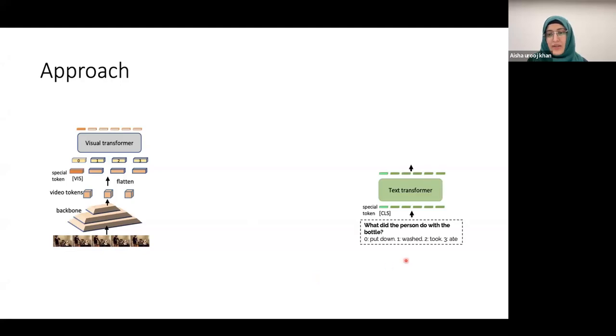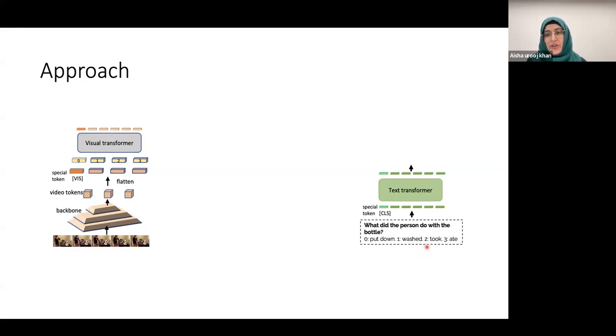On the language part, for this given video, we have the question: what did the person do with the bottle? The question can be in two setups. Here we are seeing multiple choices. Usually VQA tasks can be solved in either an open-ended setup, where you are given simply a question and asked to come up with the answer, or you could be given multiple choices and your task is to pick the right choice.